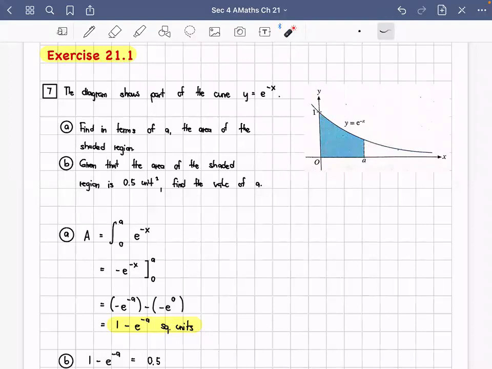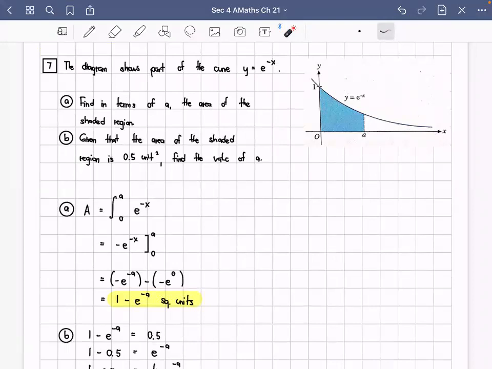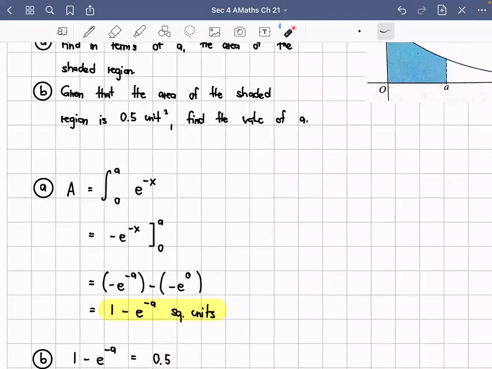For letter a, we need to find the antiderivative of e raised to -x from a to 0. The antiderivative of this is negative e raised to -x from a to 0.